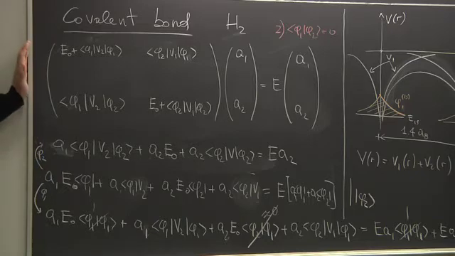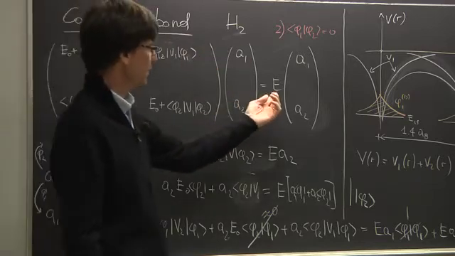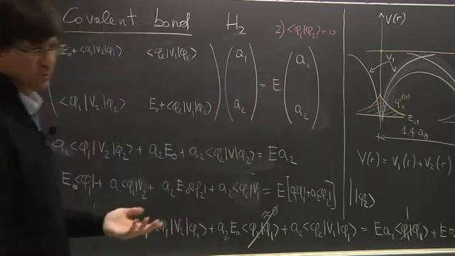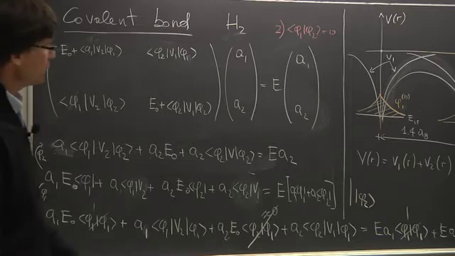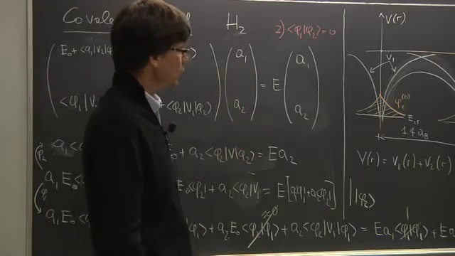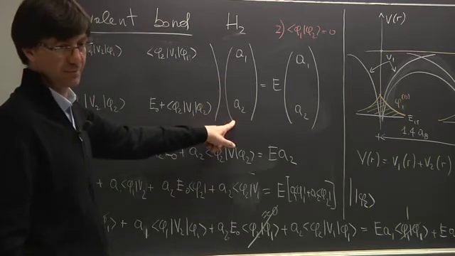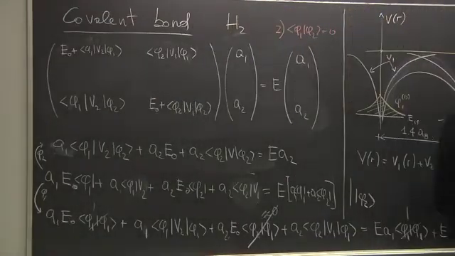I guess you now recognize this equation, or at least the form of this equation. This is an eigenvalue problem for E. A1 and A2 are my unknowns, in addition to E, of course. Obviously, A1 and A2 obey a special relationship. The sum of their squares must be 1. Why is that so? I obtain it from here.